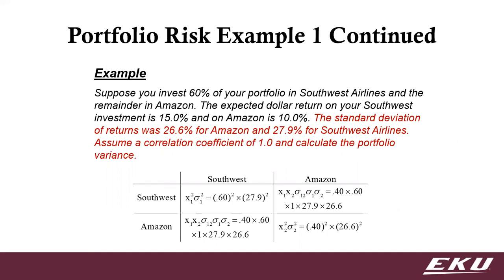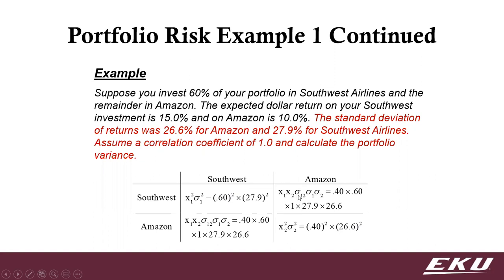And calculate the portfolio variance. Just taking those same numbers that we had, 60% for the weight of Southwest and 40% for the weight of Amazon. Then they gave us the standard deviations, so I'm going to square the 27.9 and the 26.6, and that will give me the variance for Southwest and the variance for Amazon. Then for the covariance, it's the weight of one times the weight of the other, Southwest and Amazon, so 0.6 and 0.4.